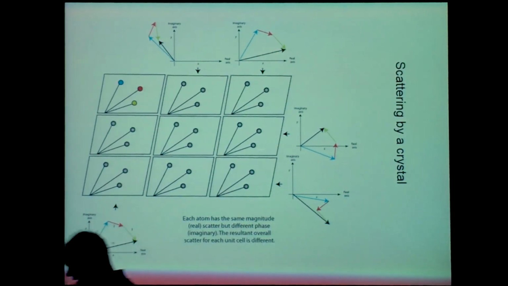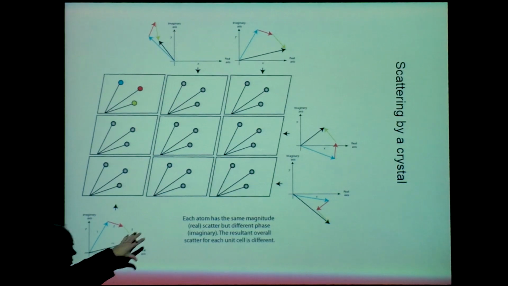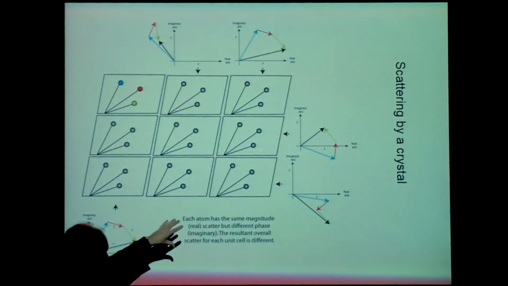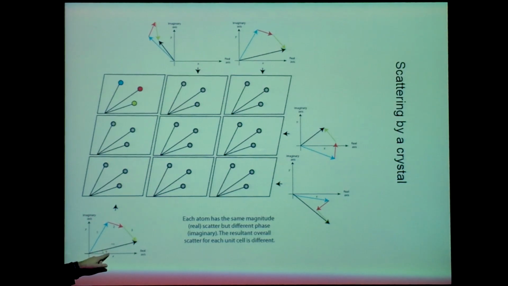So what it's saying here is that even though it's the same atoms, because they're in different positions in space, they'll have the same intensity but different phase. And instead of getting data or reflections from all of these that add up, the only time that you actually get a reflection on your diffraction pattern is when all these angles are in the same direction.